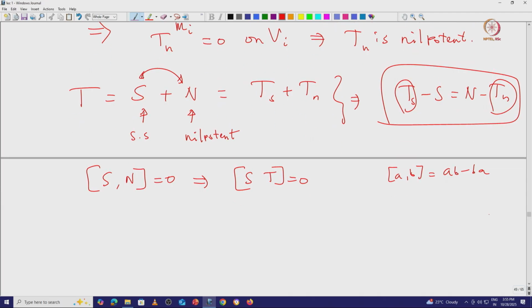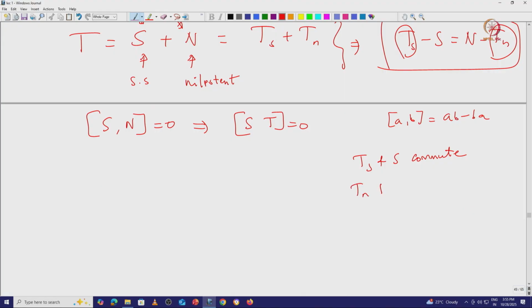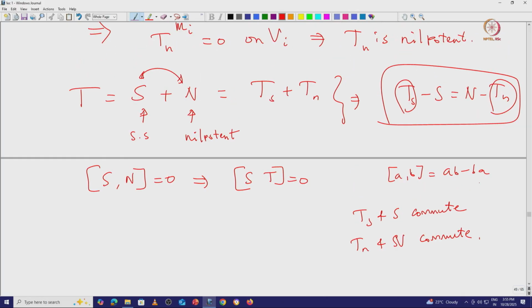Because of this, T_s and S commute, as T_s is a polynomial in T. Similarly, T_n and N commute. You have commuting semisimple operators, and similarly commuting nilpotent operators. So, the difference of these semisimple operators must be semisimple, and the difference of nilpotent operators must also be nilpotent.